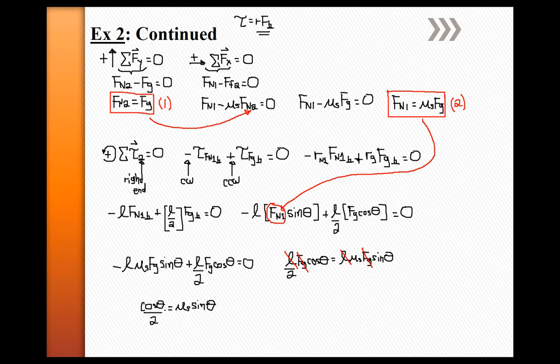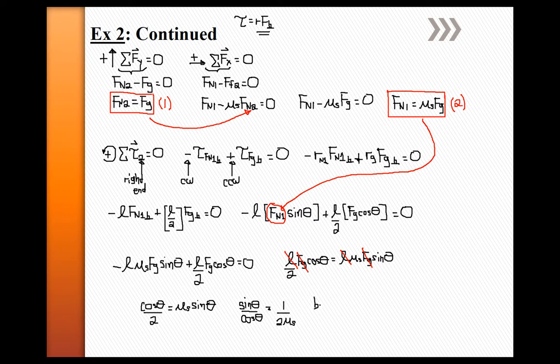Okay, let's collect the angles on both sides of the equation. So I'm going to bring the cos theta to the other side. So this is going to turn into sine theta over cosine of theta, sine over cos, would then be 1 over 2 times mu s.